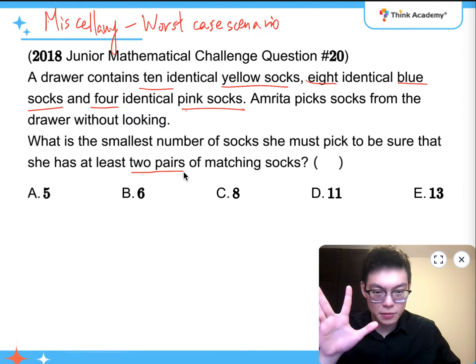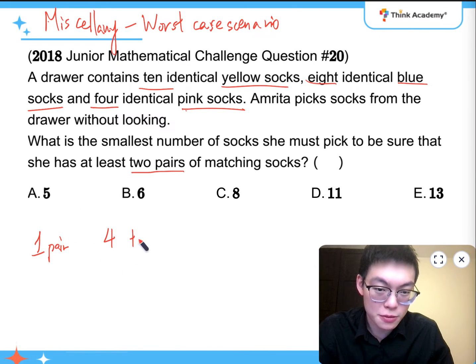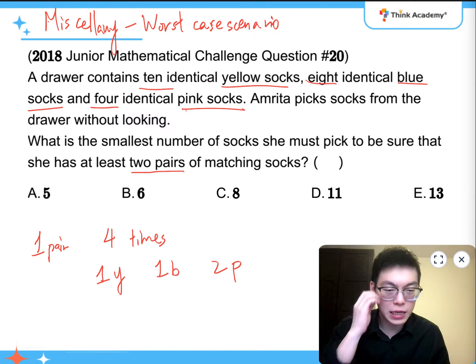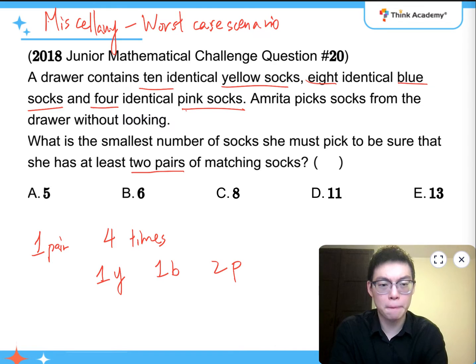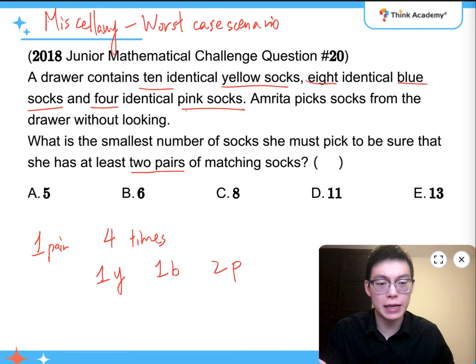So if I need 1 pair of matching socks, I need to draw 4 times, which means now I have 1 yellow, 1 blue, and 2 pinks. All right, the color doesn't matter. What matters is what's going to happen next. Can you guarantee that the next time you draw a sock, it must form a pair with the existing socks? Not really, right?